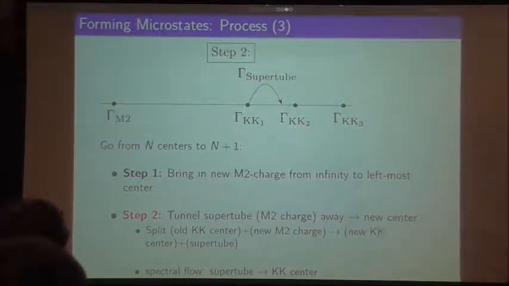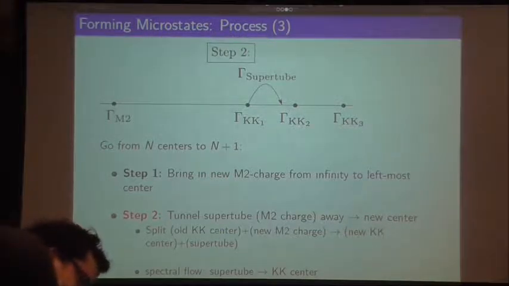And now I'm going to do what I told you earlier about the supertubes. I'm going to take these branes and pull them over the fiber between these two centers into a supertube. More concretely, we have an old center, this old Kaluza-Klein monopole center, this old D6 brane, if you will, and I added some new charge to that.